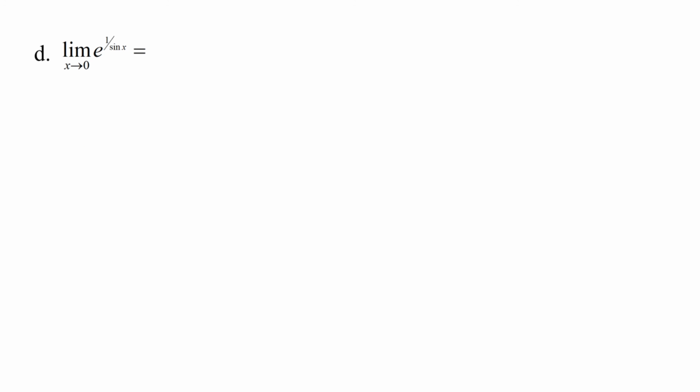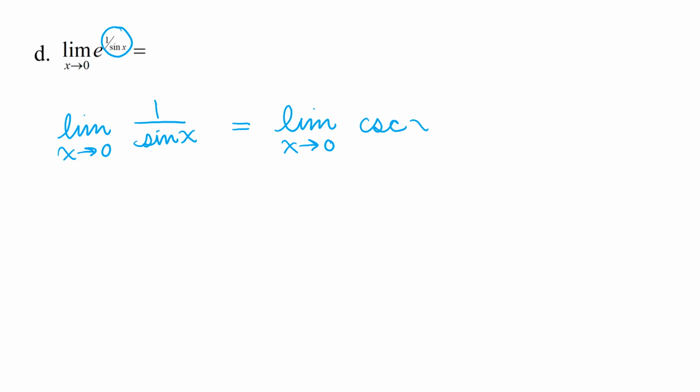We have the limit as x approaches 0 of e to the 1 over sine of x. So we'll need to start by finding the limit as x approaches 0 of that innermost function, which is 1 over sine of x. 1 over sine of x is equal to cosecant, so we have the limit as x approaches 0 of cosecant x. If we think about the graph of cosecant, then we have a vertical asymptote at x is equal to 0, where we kind of have these u's.